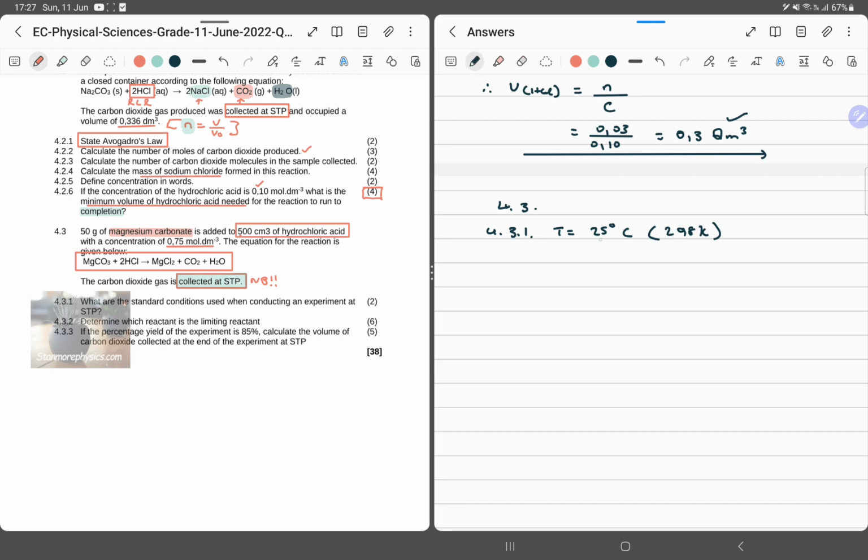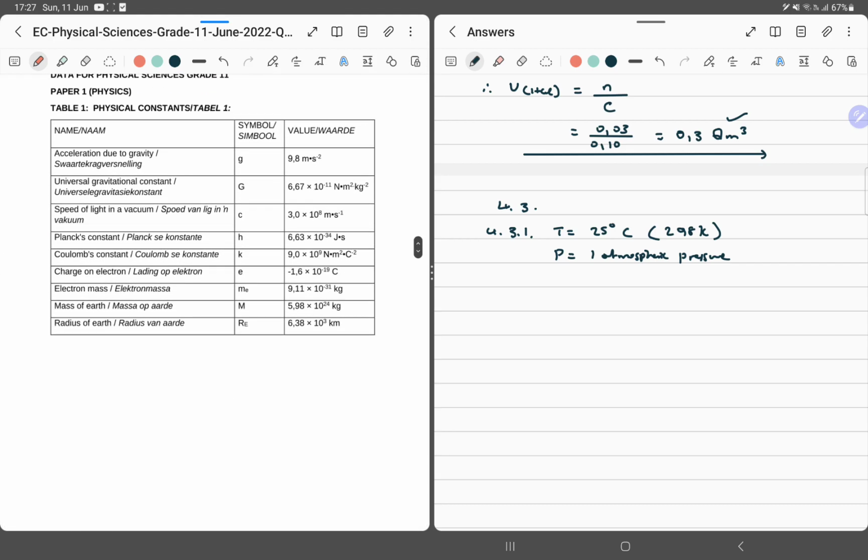We will just add 273 there, so it becomes 298 kelvins. We know that when you're talking about pressure, it's 1 atmospheric pressure. I forgot how to write the pascals or the kilo. I think it's 100 kilopascals, and then it's some silly number.